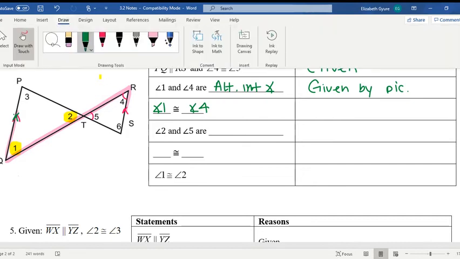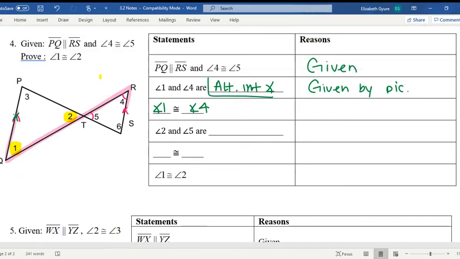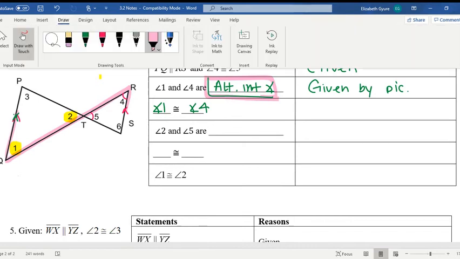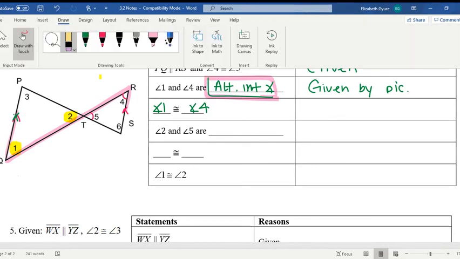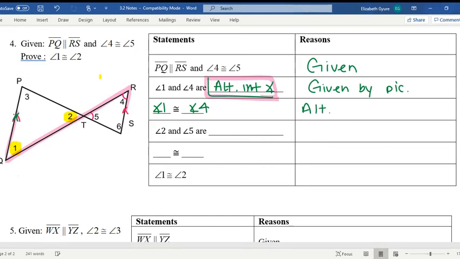And we were given alternate interior angles, so we are going to use that theorem. We would say the alternate interior angle theorem. Good.